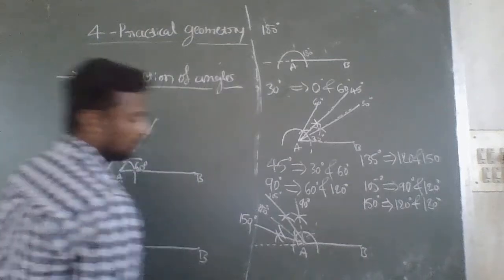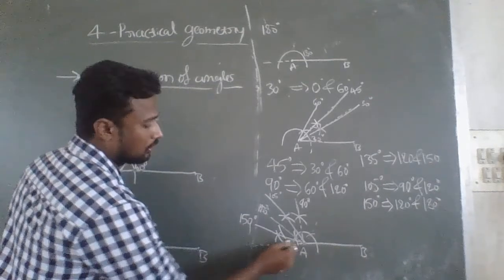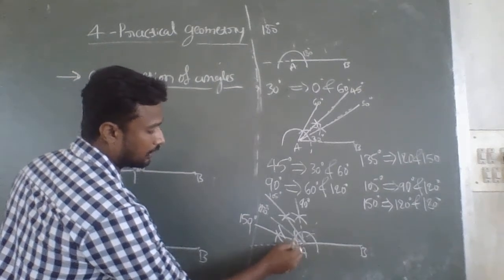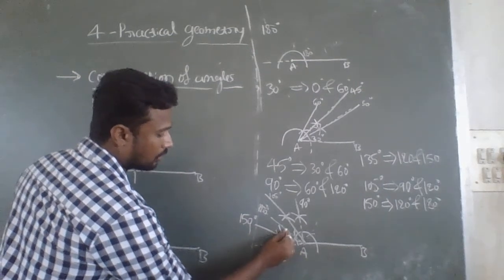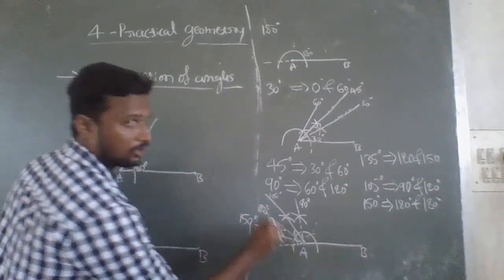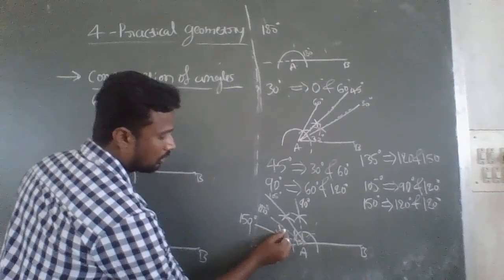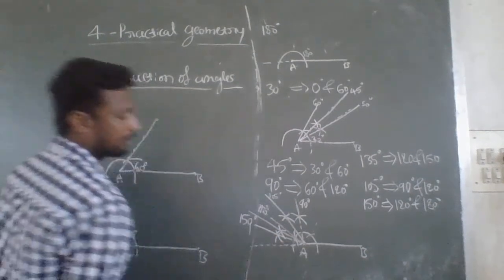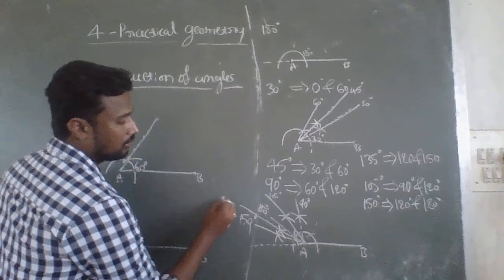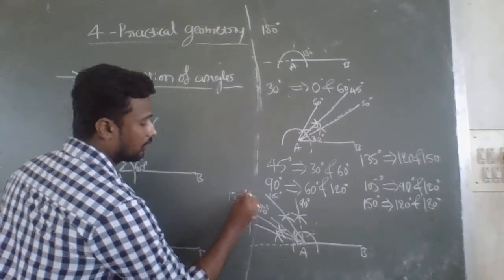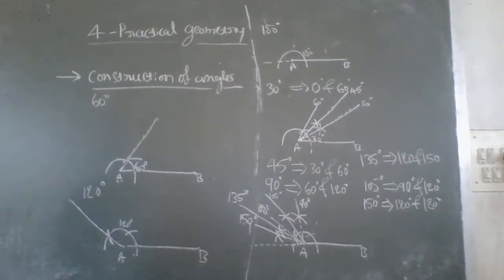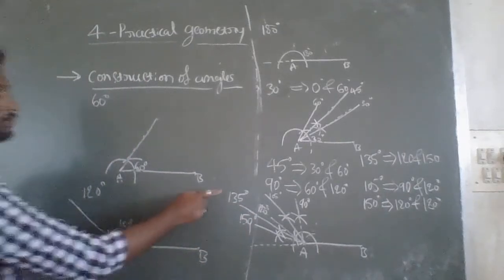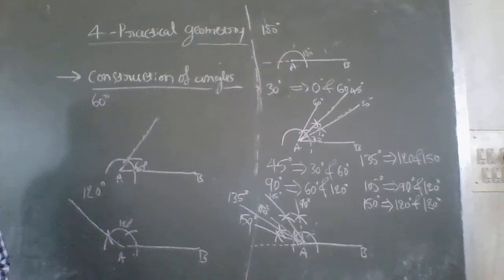Like this only, keep the compass on the intersection of 150 degree and draw an arc here. If you draw a line to these intersected points, how much will you get? 135 degree, because this is between 120 and 150 degree. This is 135 degree.